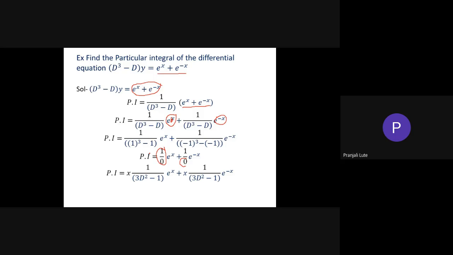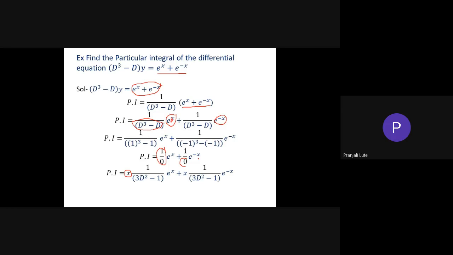So in this case, we have to multiply by x and take the derivative of this denominator with respect to D. So what is the derivative of D cube? 3D square minus derivative of D with respect to D is 1, into e to the power x.